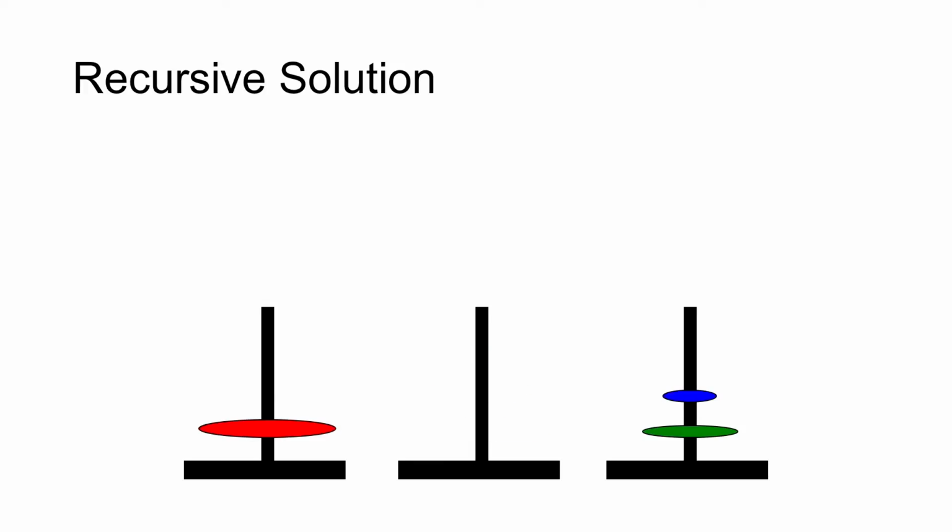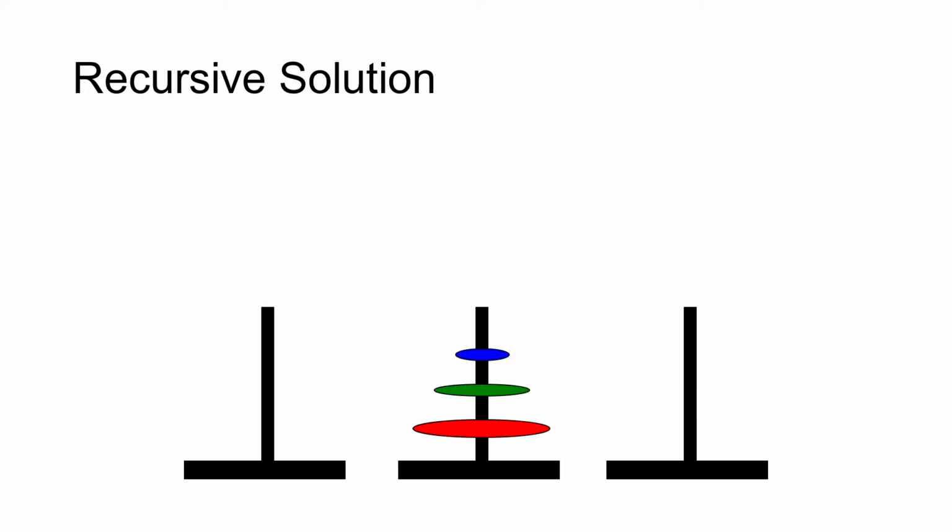So like that. So I assume I know how to move n-1 disks from any peg to any other peg. So let's just say I had a magic method that went from the first to the third peg, like this. Then I certainly know how to move one disk, right? That's easy. Then I consult this magic method again to move from the third peg to the second peg, like this. And now we have accomplished our goal.